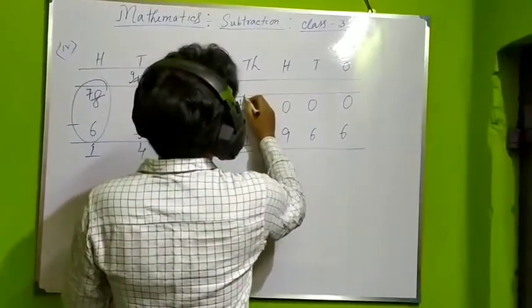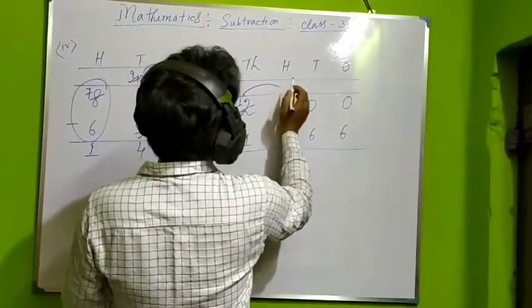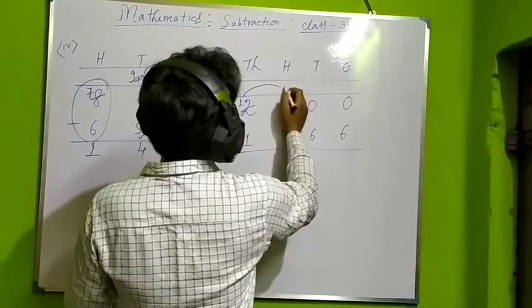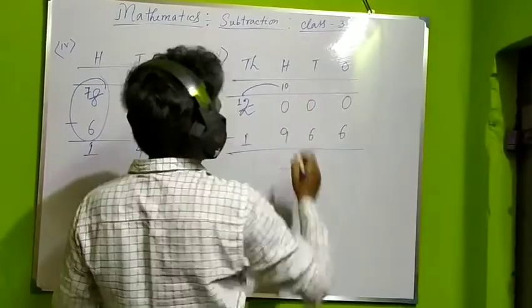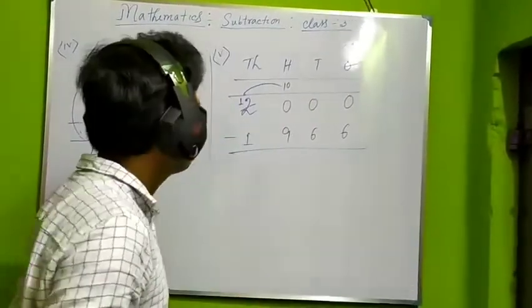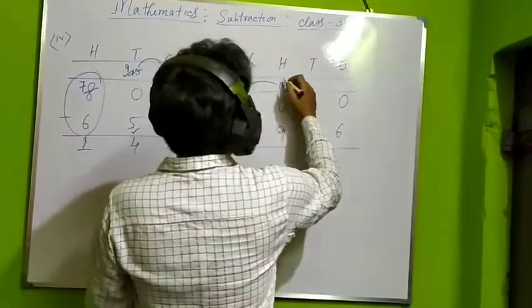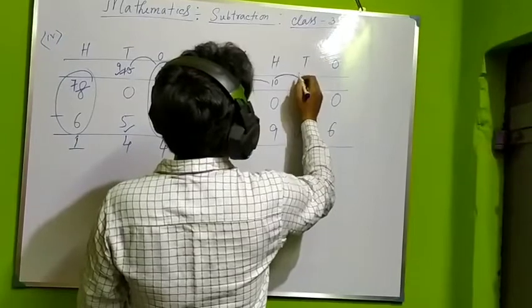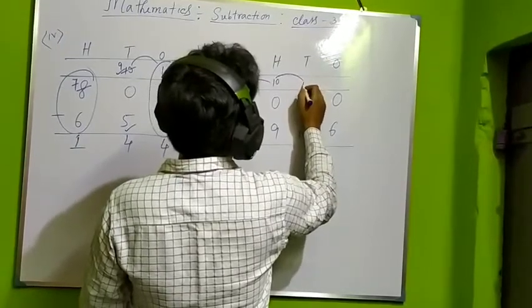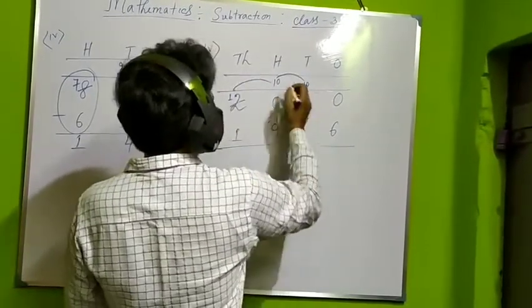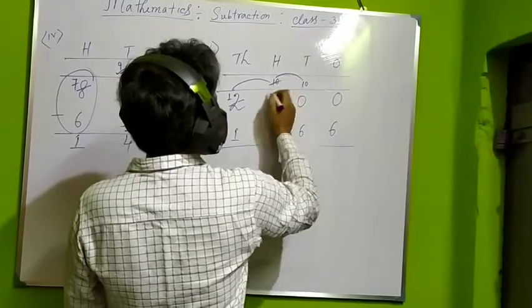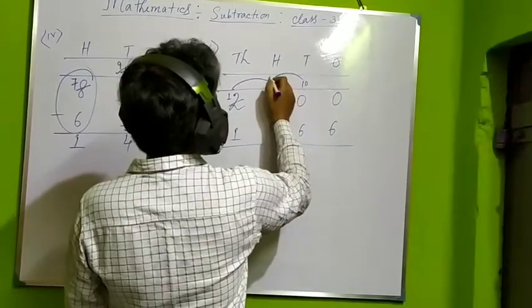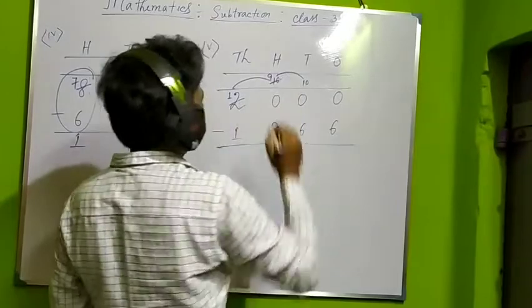Now taking this 1000, when we write down this at 100's place, then we have to write down here 10. Okay. Now we have to borrow 1 from this 10, and when we write down this at tens place, we have to write down here 10, and after giving 1 borrow, this 10 converts to 9.